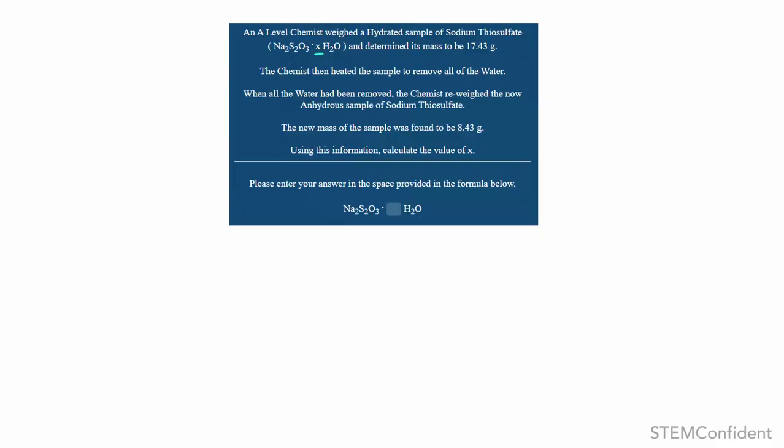In effect, I'm going to approach this using the fact that the number of moles n is equal to the mass divided by the molar mass, and then later on we'll do some ratio stuff. So in this case, the number of moles for the Na₂S₂O₃ is going to be the mass divided by the molar mass, right?